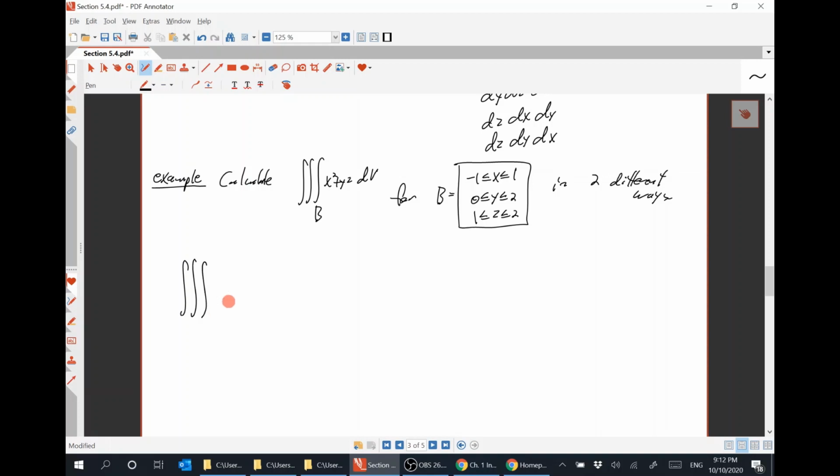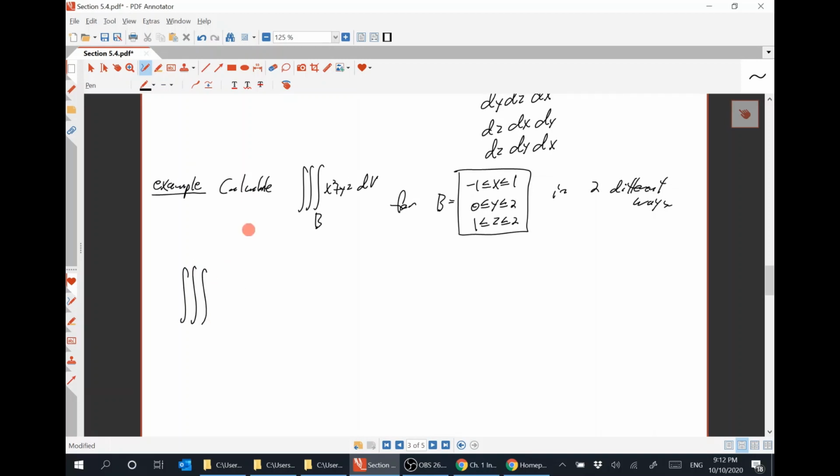So let's do dx, dy, dz. So the x's go from minus 1 to 1, y is from 0 to 2, z is from 1 to 2, x squared plus yz dx, dy, dz. So first do the antiderivative with respect to x.